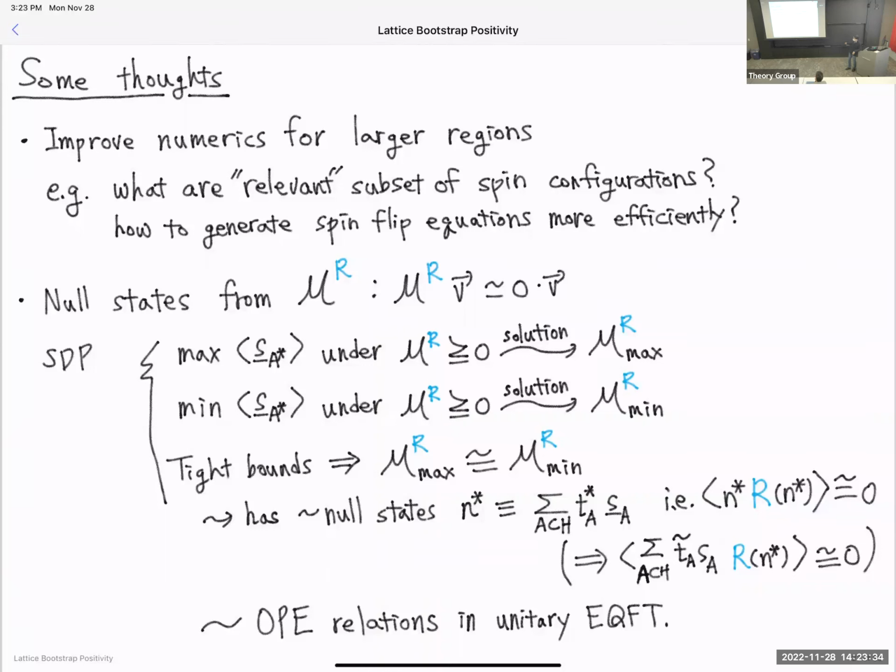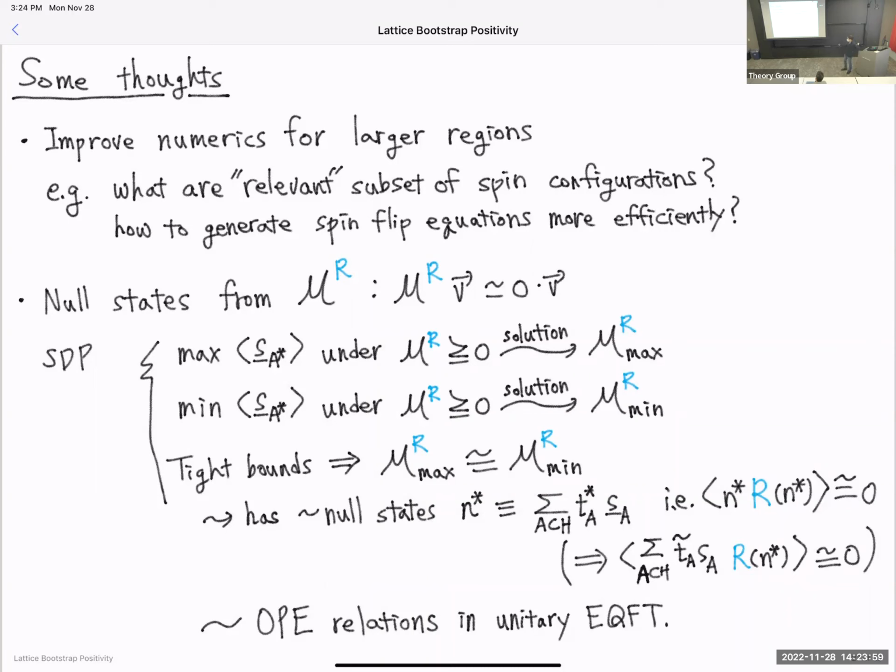The second thought is about null states. Okay. So consider some reflection positivity matrix. What if it has an eigenvector with 0 eigenvalue in a rough sense? You might ask me, why do we consider such a case? Well, actually, these are the cases which happen all the time, at least in our setup.